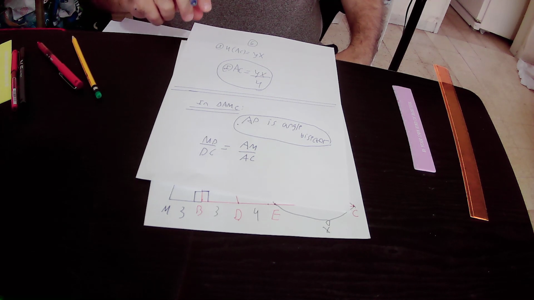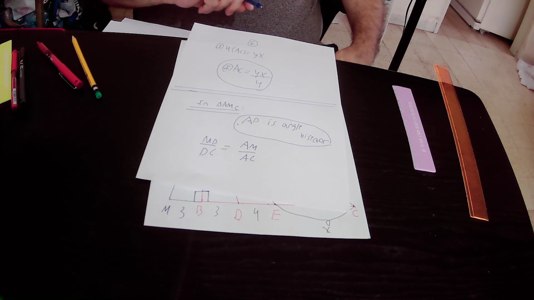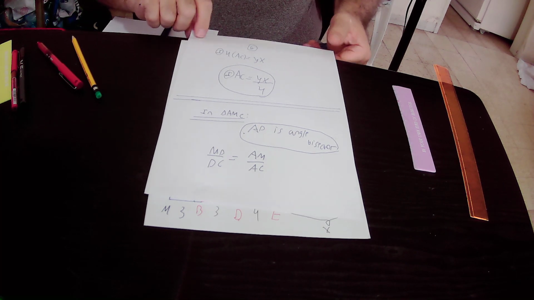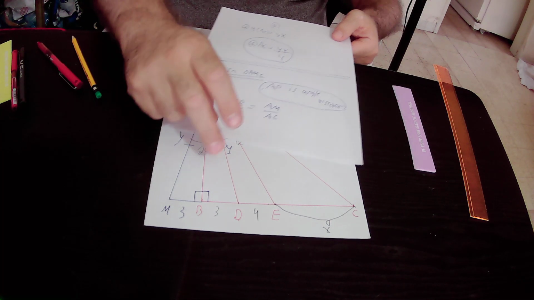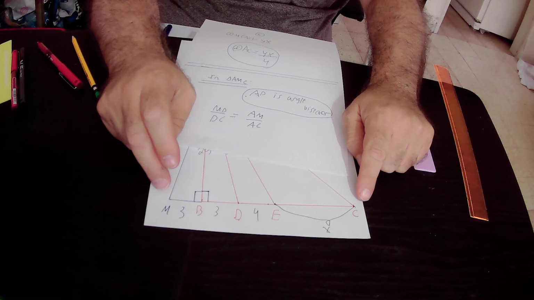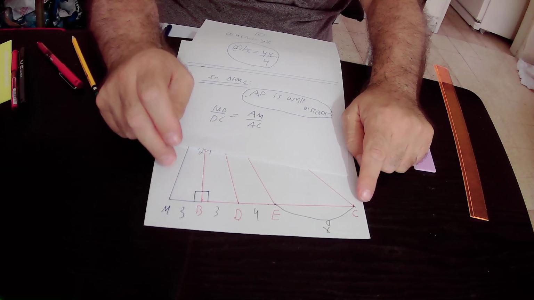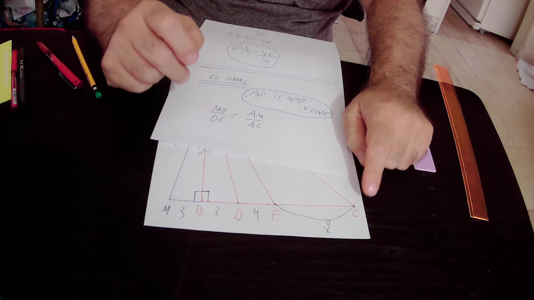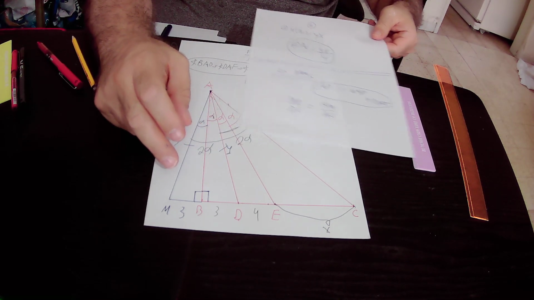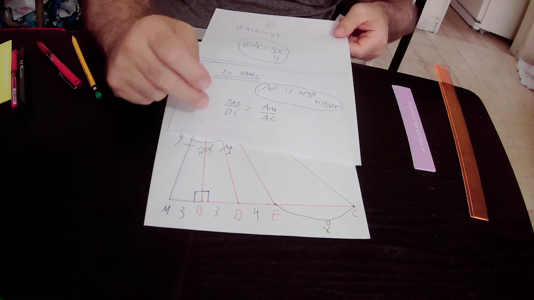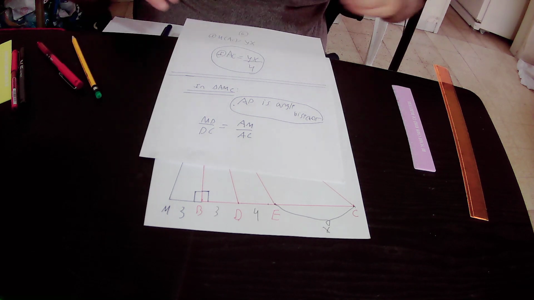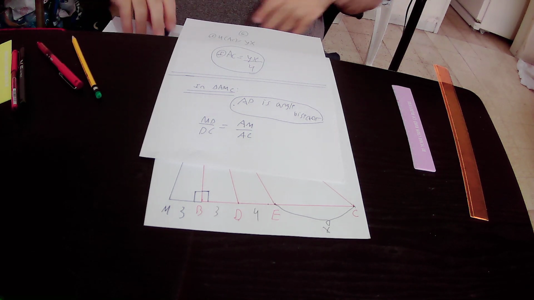Okay, that is according to the angle bisector theorem. So those two ratios are equal to each other according to the angle bisector theorem.